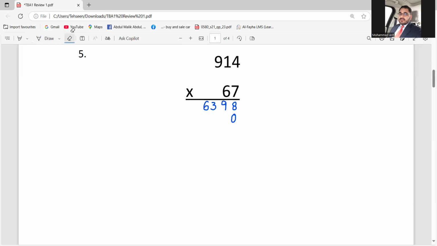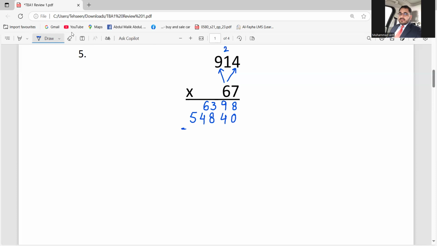Now we need to multiply this 6 with 4. 6 multiply 4 is 24. 4 here, 2 up. 6 multiply 1, 6, and 2 will be 8. And then 9 multiply 6 is 54. The last number, this complete number we need to write here. No need to carry to the next number, as no next number after 9.